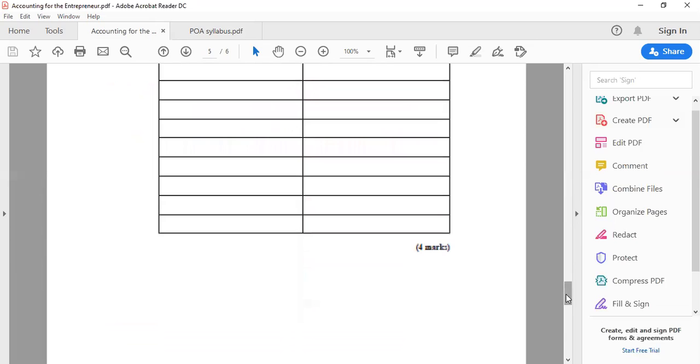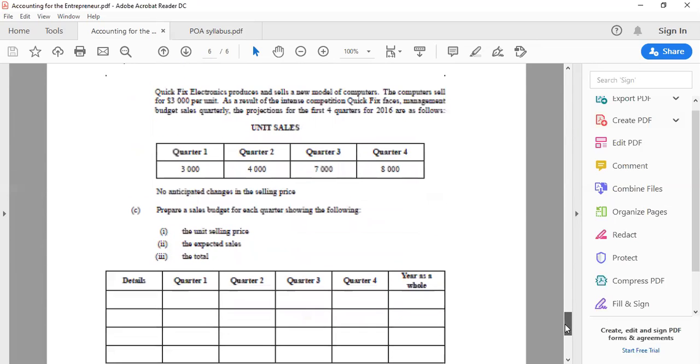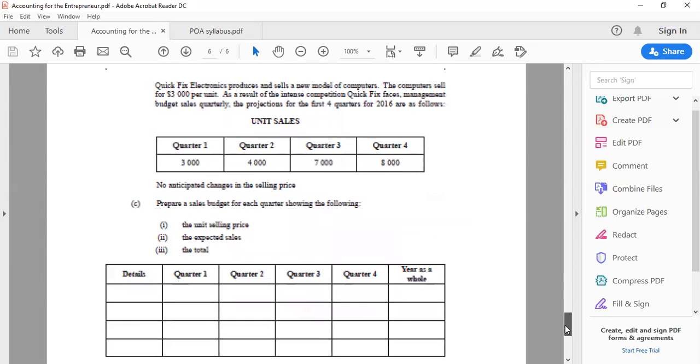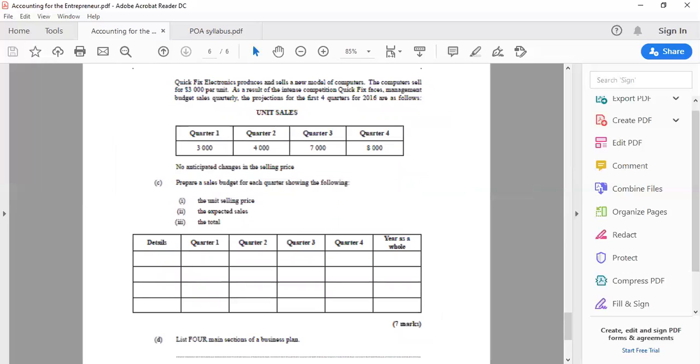So we had a question here where they ask you to prepare a sales budget for the quarter. Now, this is pretty simple, right? I want you to try it on your own. Quick Fix Electronics produces and sells a new model of computers. The computers sell for $3,000 per unit.